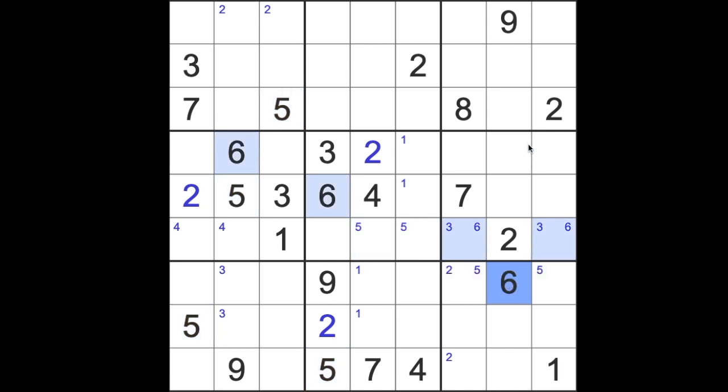6 we've got already down there. Let's see up here. Okay, so 6 blocking across here gives me 6 in these 2 squares. That means 6 blocking across here, and that's it. So 6 and 6 in these squares here. 7 blocking down here, so this square and this square can contain 7.